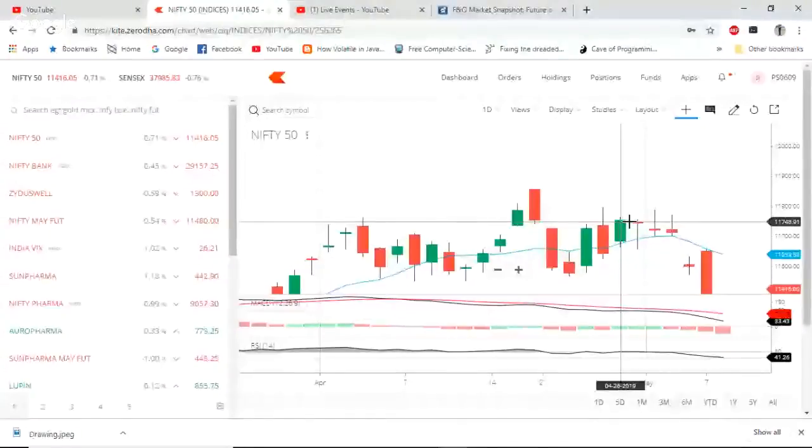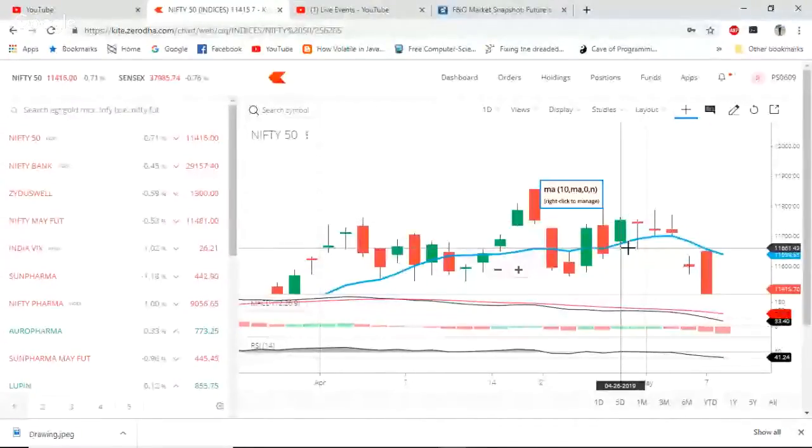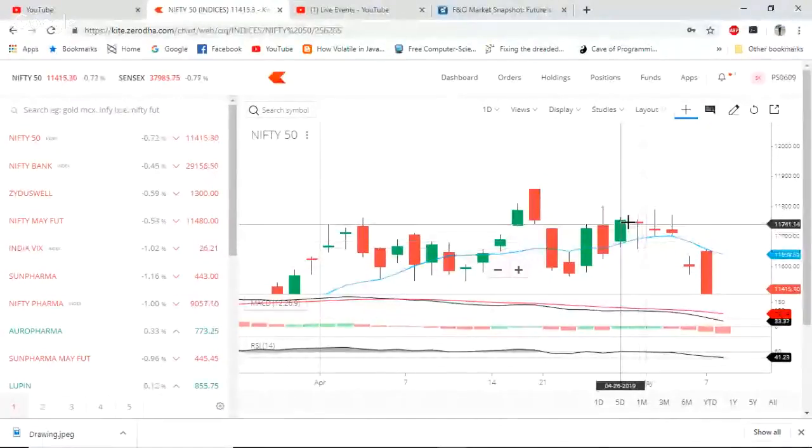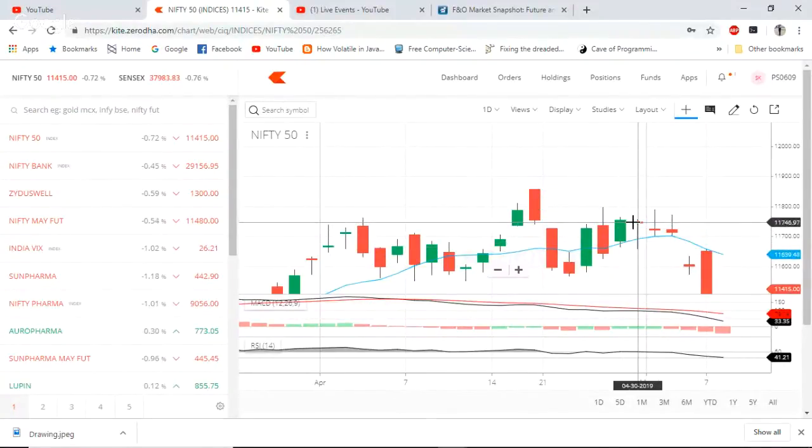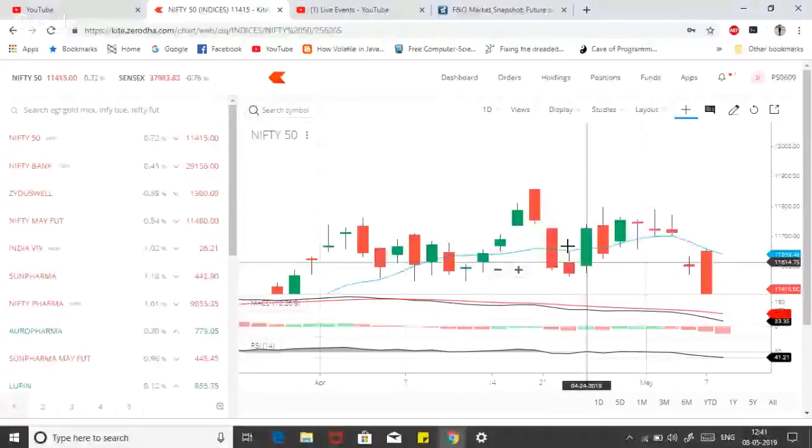But then it went to a low of 11,660, which is far lower than the close. So it opened at 11,743, went to a very big low of 11,665, but then came back swiftly to 11,747. So that's the idea.